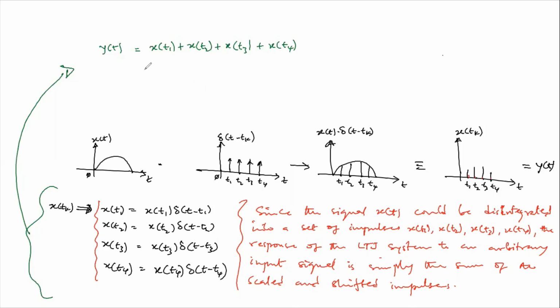And this is therefore the same as taking the integral from t sub 1 to t sub 4 of s of t sub k, after the multiplication, times the time shifted impulse, dt.